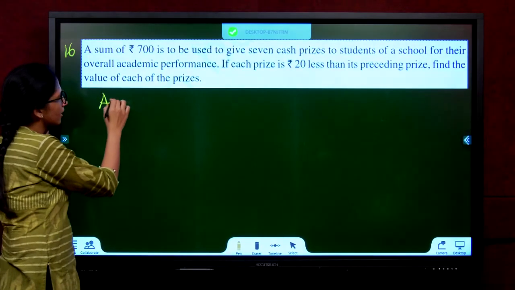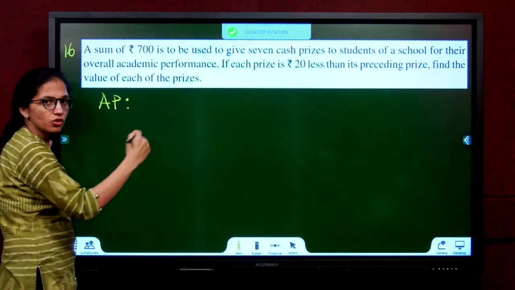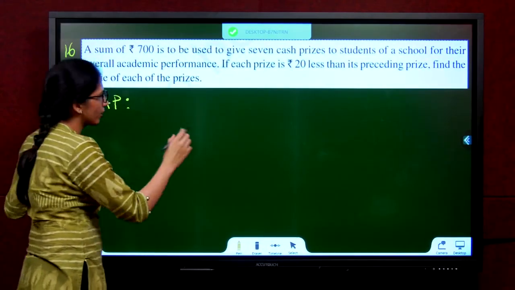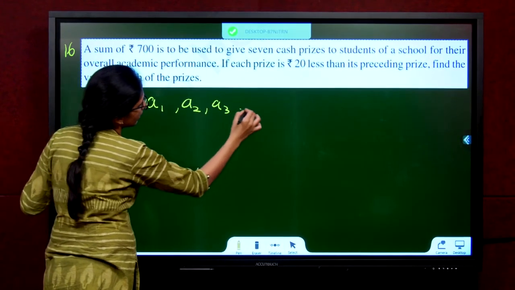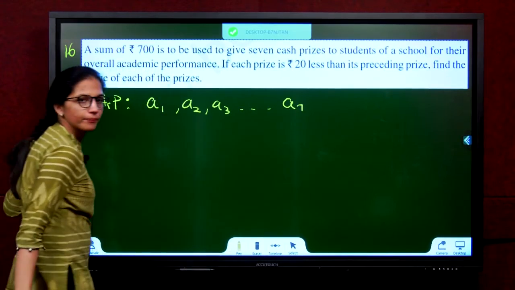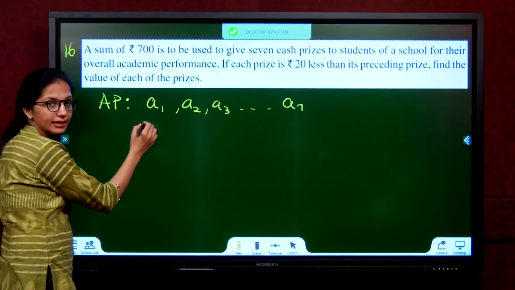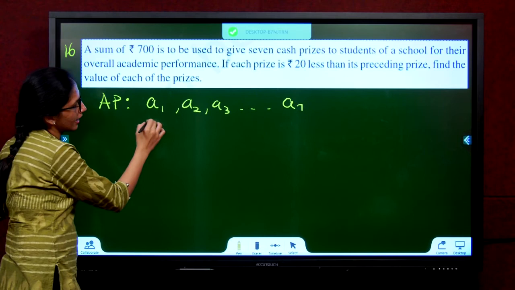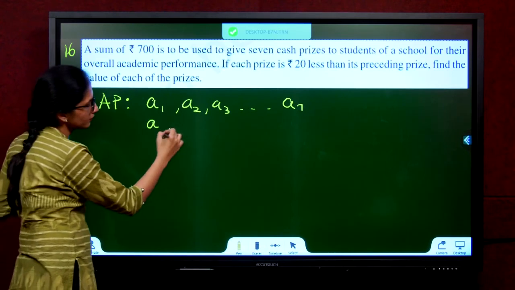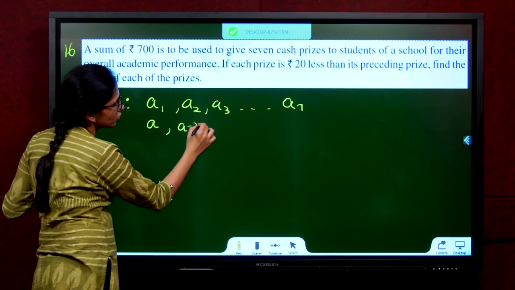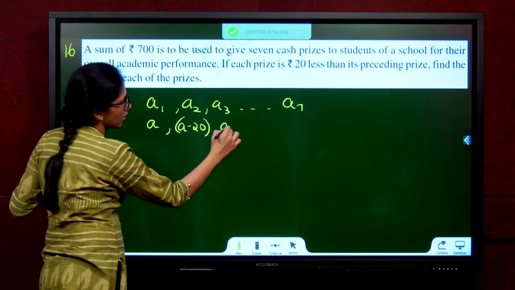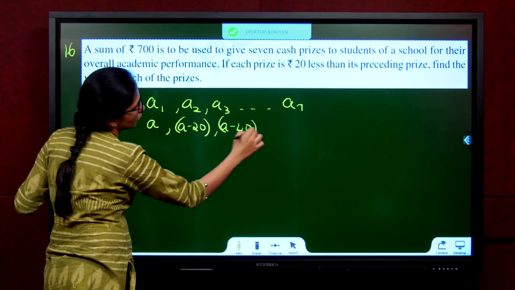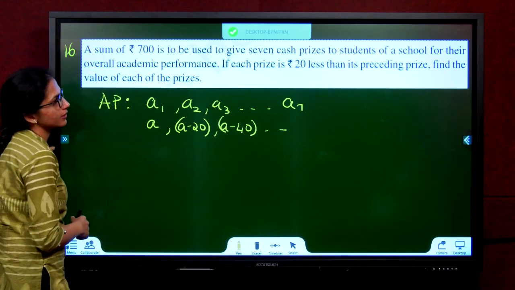See, it's like an AP because it's doing minus 20, minus 20, minus 20 and going. So if it was a normal AP, you have A1, A2, A3 up to A7. A1 here is, let's say, a. A2 is a minus 20. A3 is another minus 20, so a minus 40. This will go on up to 7 terms.